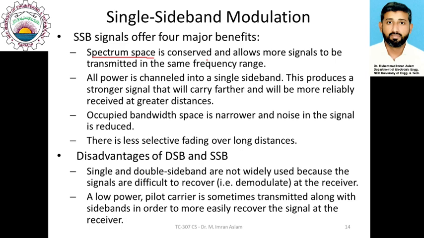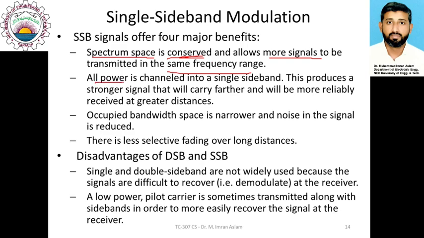Rather we will be transmitting only one sideband, with half of the bandwidth that is required to transmit the two sidebands. So if we conserve this spectrum, we can transmit more signals over the same frequency range. So instead of transmitting one signal in double sideband, we can transmit two signals by single sideband.